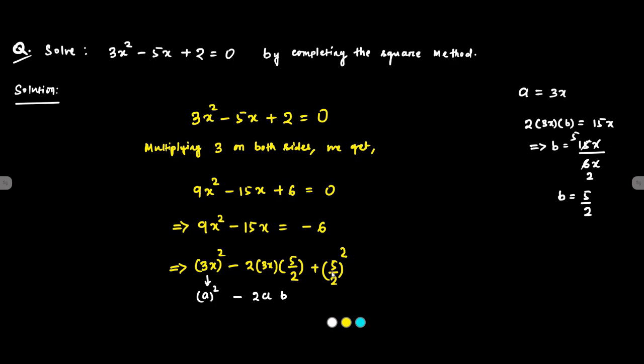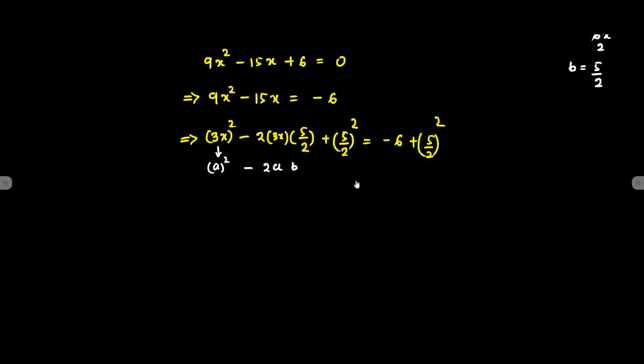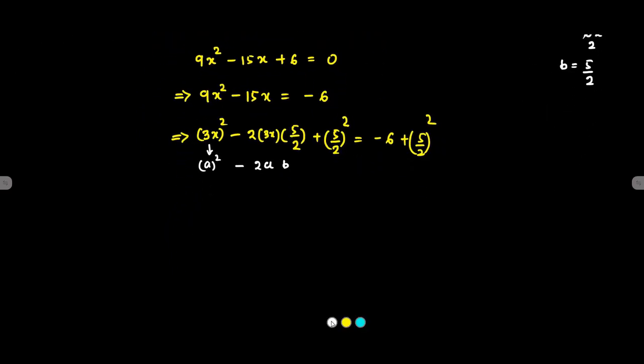As we have added plus 5 by 2 whole square on the left hand side, we also have to add plus 5 by 2 whole square on this side. Now we have a square minus 2ab plus b square, so we have a minus b whole square.